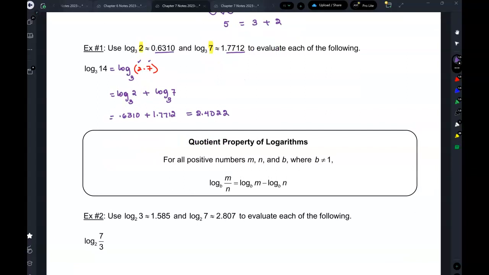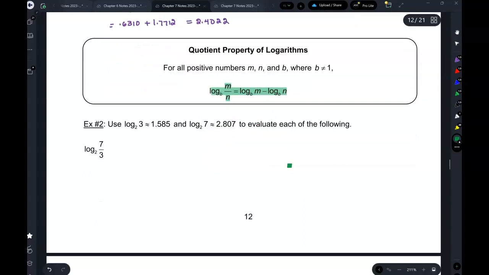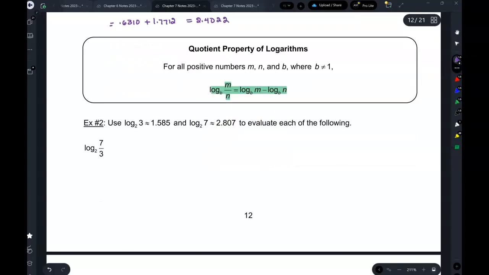What about the quotient property? When you have log base b of m divided by n, we know that when we divide powers, we subtract the exponents. So that means log base b of m over n is log of m minus log of n. Here I have log base 2 of 3 and log base 2 of 7.